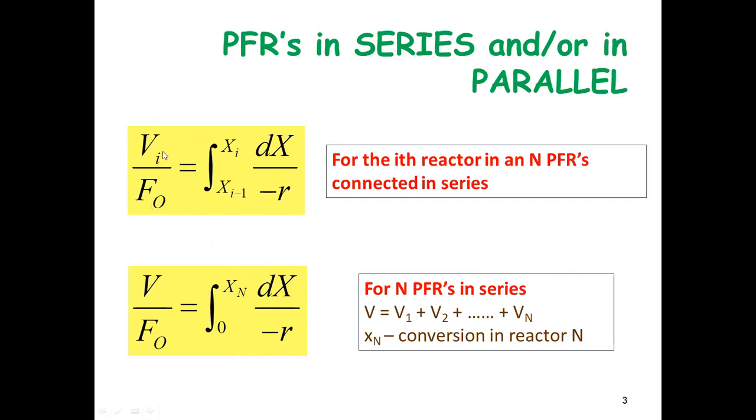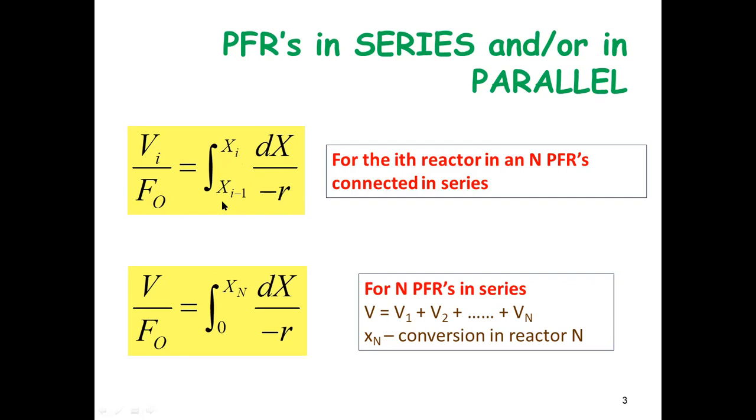So the volume of the ith reactor divided by the molar feed rate to the first PFR in the series is equal to the integral of the differential of the conversion divided by the rate law. Now, your limits of integration here will be the initial conversion of the stream that is being processed by this ith reactor.